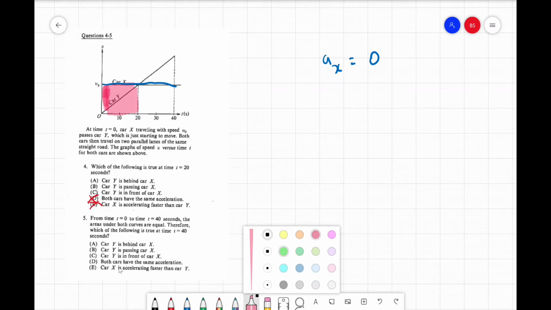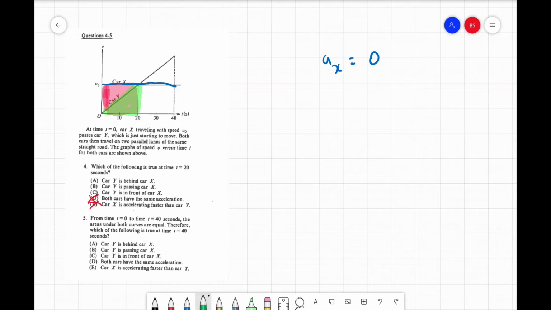And the area under car Y is given by this triangle over here. Clearly, the area under car X is more than the area under car Y, which shows that car X has traveled more distance than car Y. That means our final answer is that car Y is behind car X.